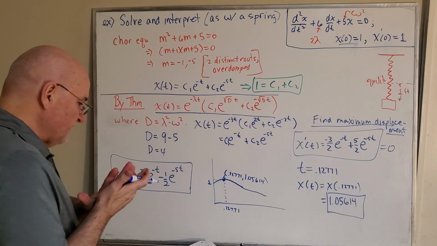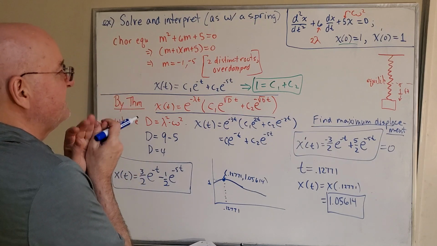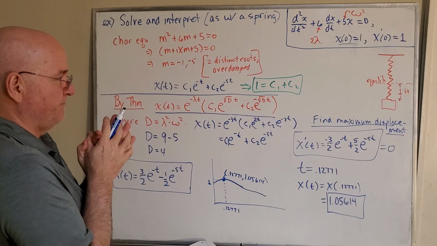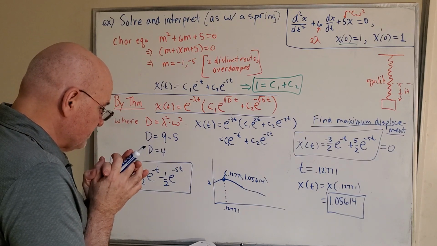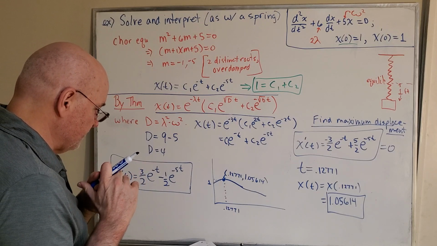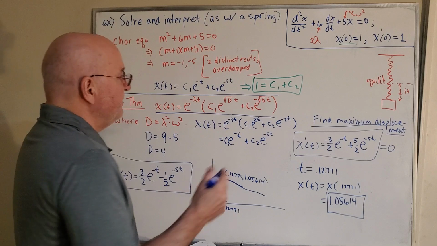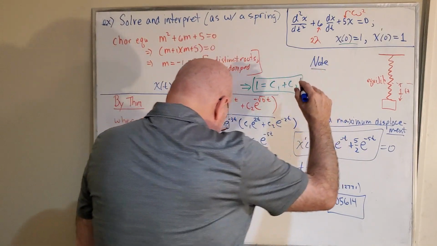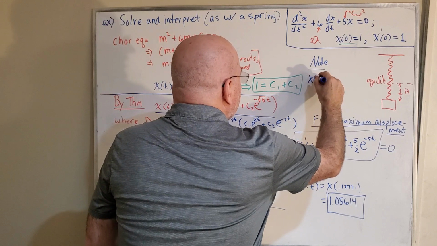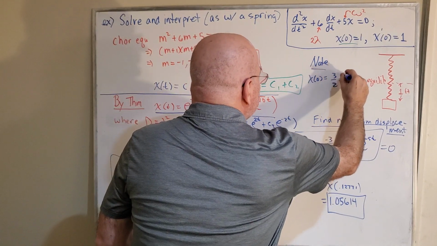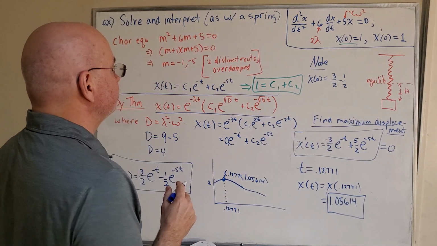And let's observe something that we may talk about later. Our two constants, c1 and c2. Note that x of 0 is equal to 3 over 2 minus 1 over 2.